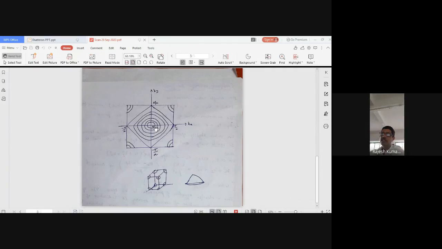Remember, the electrons which belong to this sphere have the same energy. The electrons which belong to this octahedral have the same energy. The electrons which belong to this octant have the same energy. That means in this region inside the sphere, electrons behave like perfectly free electrons.